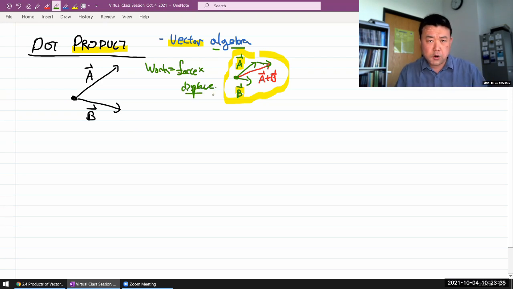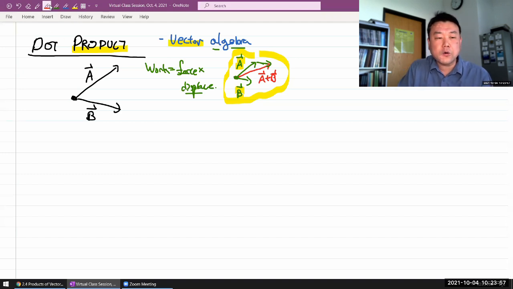Vectors are a more complex mathematical object than simple numbers are. Numbers, like real numbers or even complex numbers, the scalars, you know how to multiply them. That's what you learn in college algebra or pre-calculus, or even before.